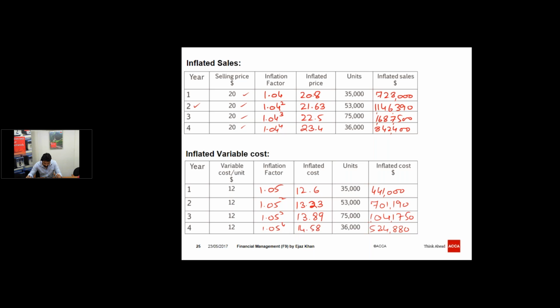Now just remember these figures, write them down. We'll be needing these figures when we fill in the pro forma for net present value.